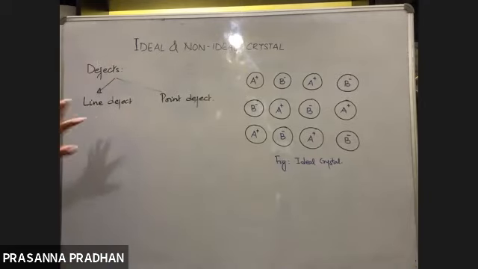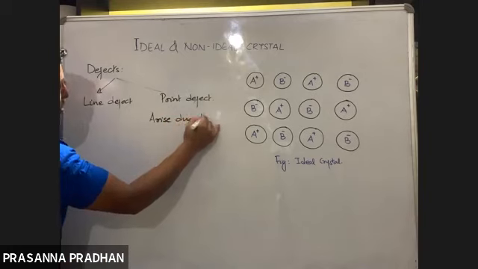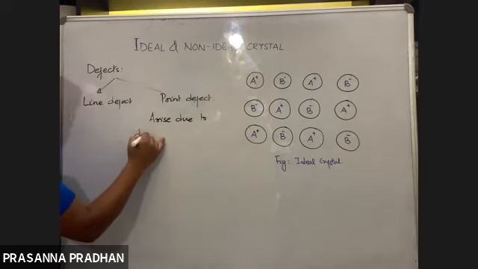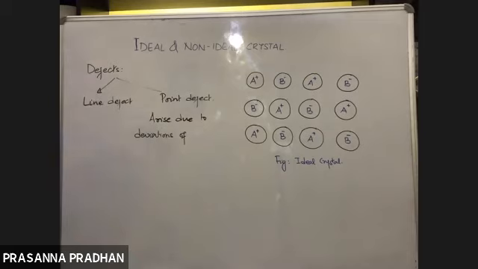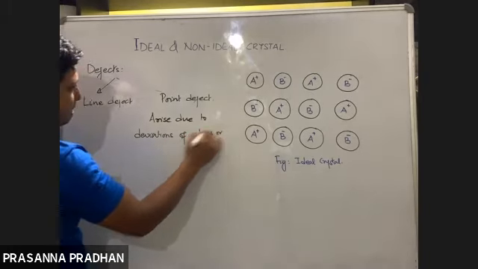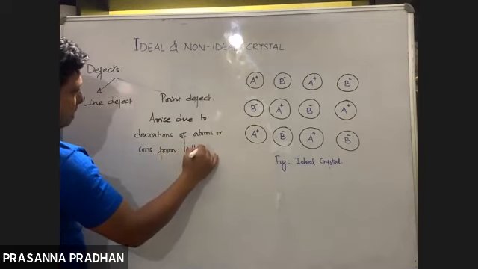So point defect is that. When does a point defect arise? Point defects are the defects which arise due to deviations of atoms or ions from the lattice point.